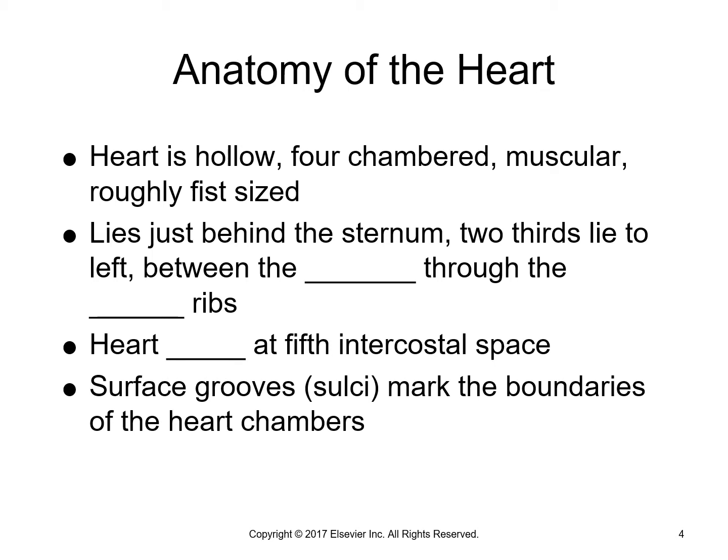And the heart apex, your next fill in the blank, is at the 5th intercostal space. Remember that your PMI, not Pima Medical Institute, is point of maximum intensity, and that's the strongest palpation of the heartbeat, found at the apex.